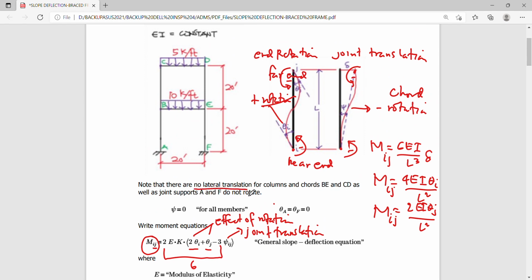So no lateral translation for a braced frame, and the chord rotations of BC and CD as well are also 0. Therefore, your psi value, which represents your chord rotation for all members, is equivalent to 0, and your theta A and theta F are also equal to 0 since there is no joint rotation at the fixed supports, which is the same as the case when we did our analysis on lateral loadings. So no rotation.